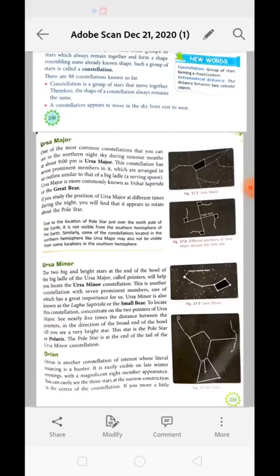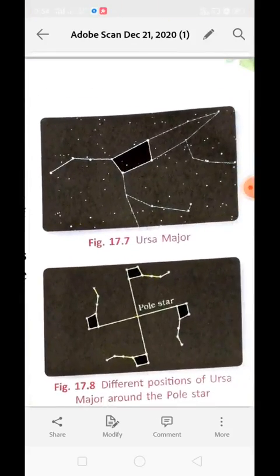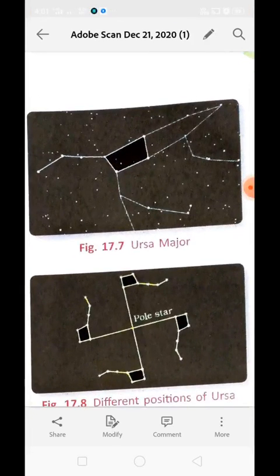You see, the first constellation is Ursa Major. It is one of the most common constellations that you can see in the northern night sky during the summer months at exactly 9 p.m. This is Ursa Major.